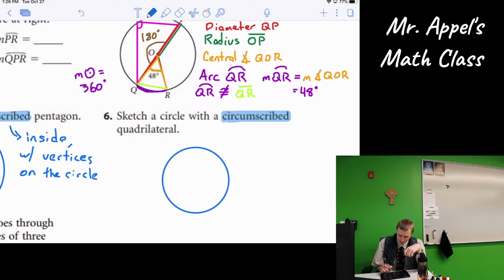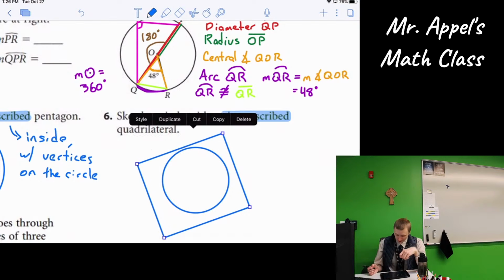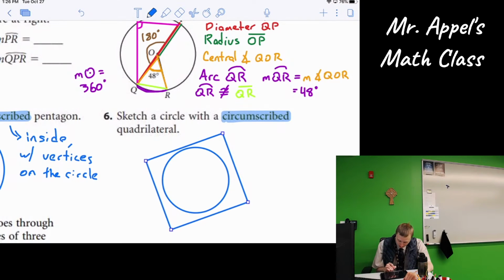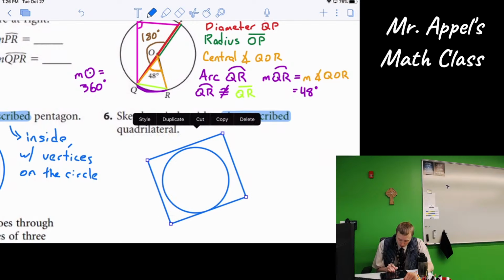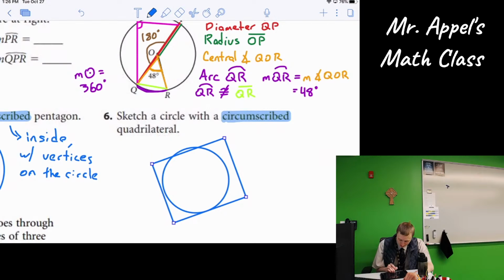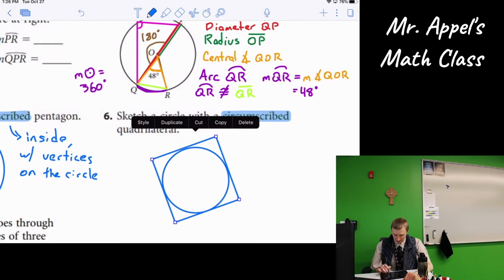And if I want to circumscribe a quadrilateral, I have to draw it outside of the circle, right? And can it just be anywhere outside the circle? No. It must still be touching the circle, like that, and go like that. There we go. It doesn't have to be a perfect square.